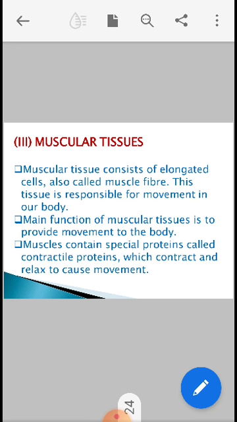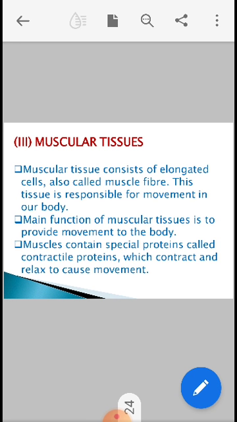Now how do the muscles help? We have learned in our lower classes that muscle is related to movement. When we talked about push and pull, and when we were talking about force, which part of the body helped? It was the bones and the muscles.